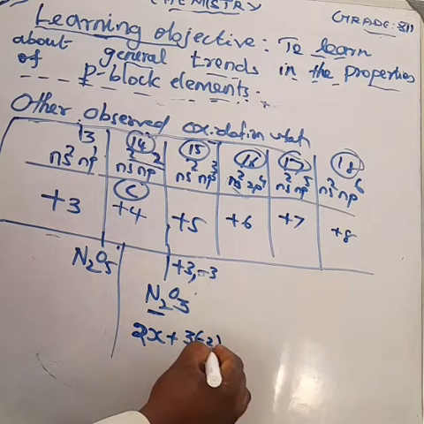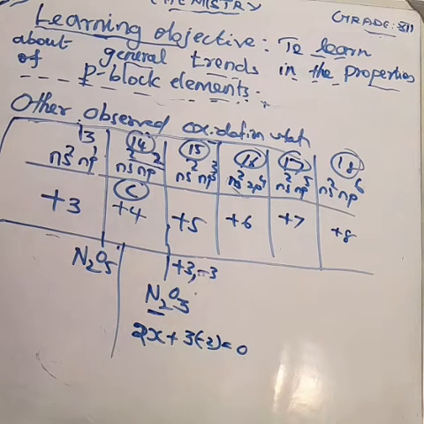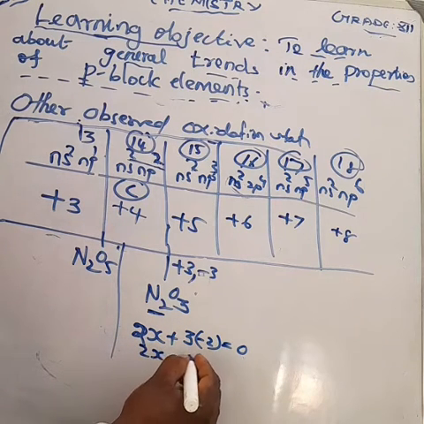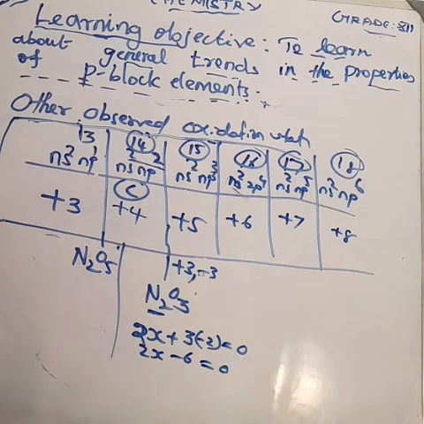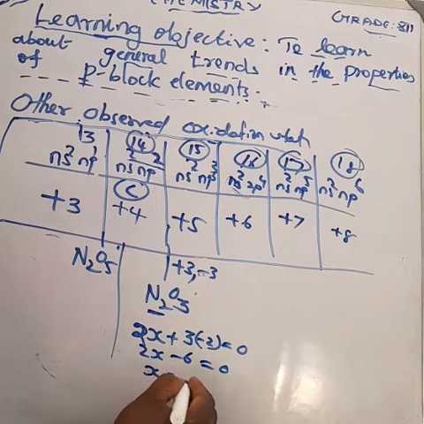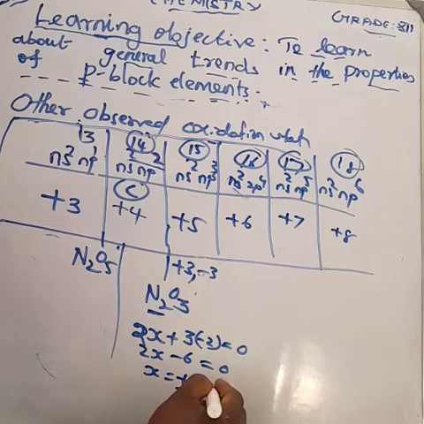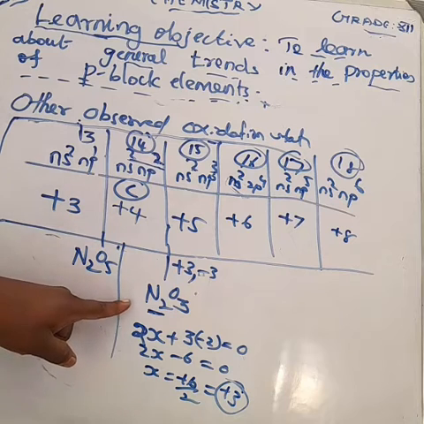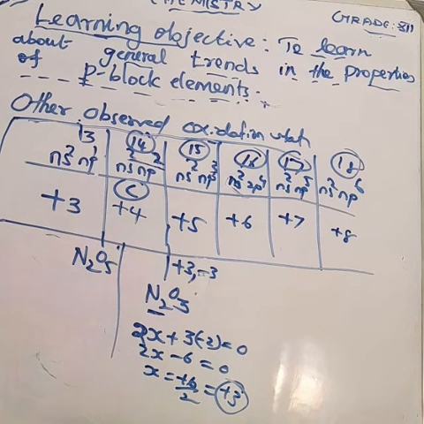One oxygen value is minus 2, so 3 into minus 2 equals 0. 2X minus 6 equals 0. X is equal to plus 6 by 2, so X is equal to plus 3. Am I right? The example is dinitrogen trioxide, where the oxidation state X is plus 3.